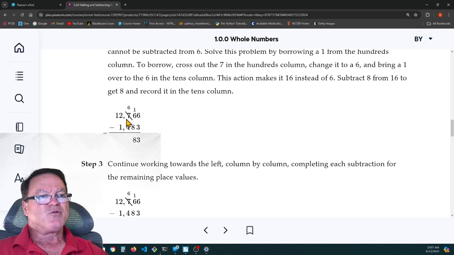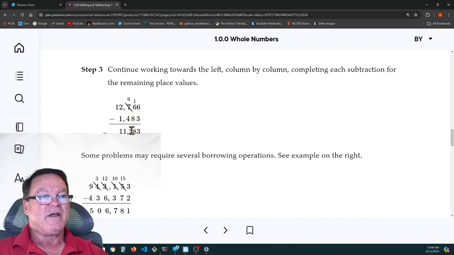So now, 12,766, this 7 becomes a 6, 600. And we took the 1 and put it on top of this 6. So now instead of being 6, this is 16. And we can subtract 8 from 16. 16 minus 8 equals 8. Now we can go on to the hundreds column and say 6 minus 4 equals 2.